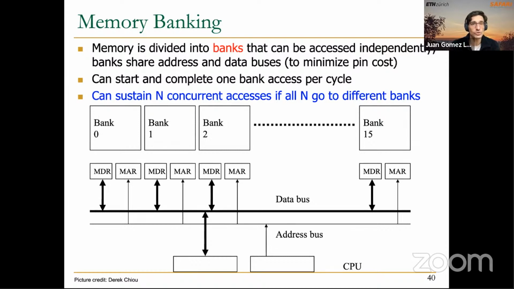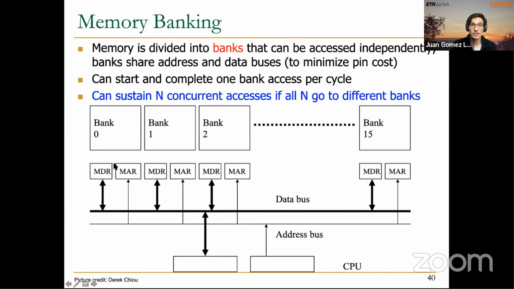So what's going to be the idea here, essentially? The idea is that whenever the CPU requests a whole vector, let's assume that the vector length in this case is 16, so we need to read 16 elements from memory. We are going to interleave these elements on the memory banks. So element A0 is in bank 0, element A1 is in bank 1, and so on.